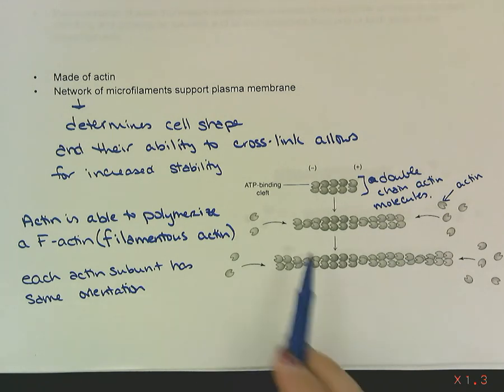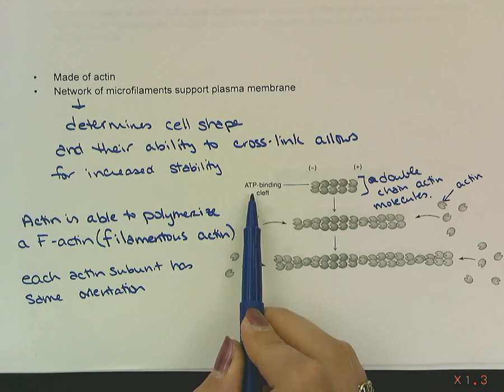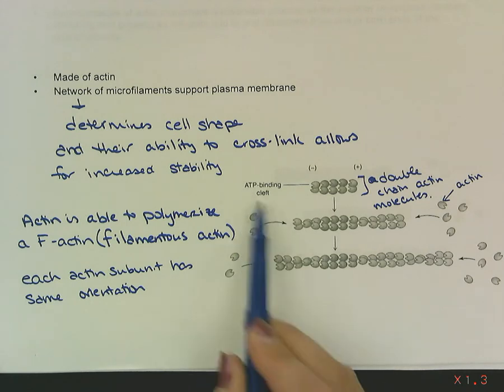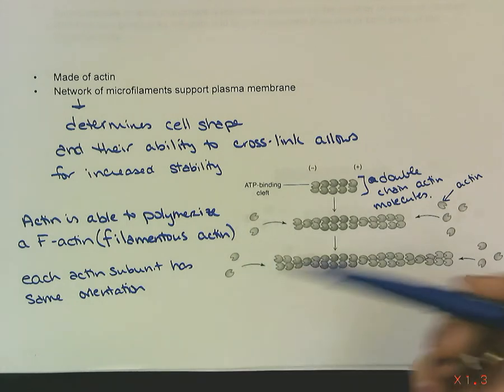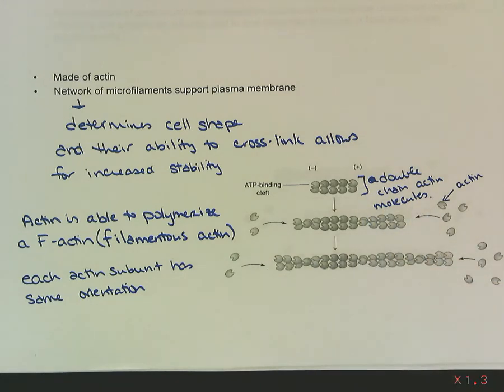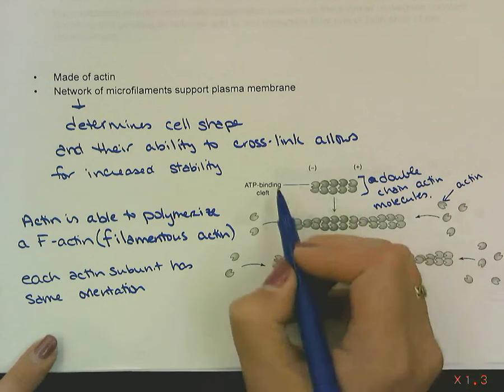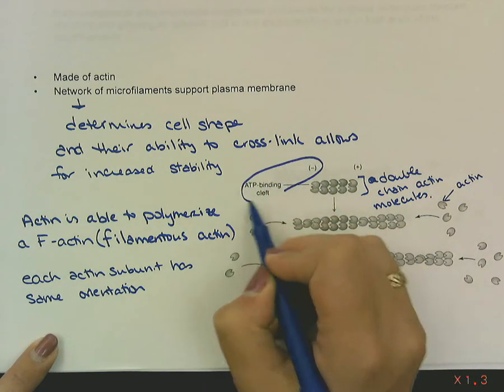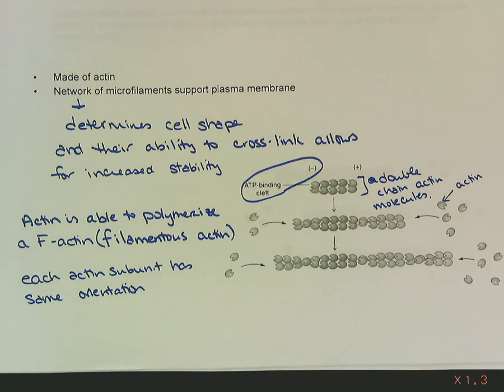And the reason for that is because that cleft is where ATP can bind. So we want all the ATP binding sites all facing one way. And then all the non-binding clefts are on the other side, which then makes this side an overall negatively charged end.